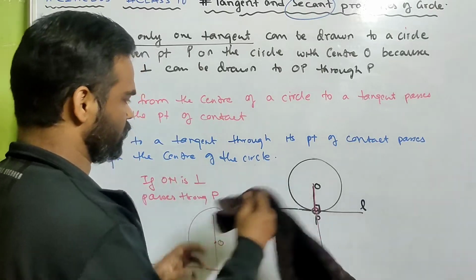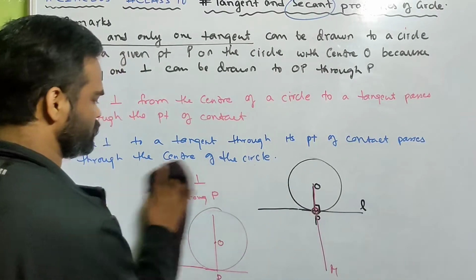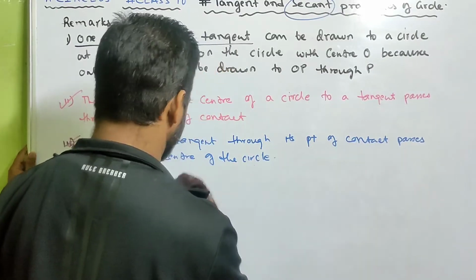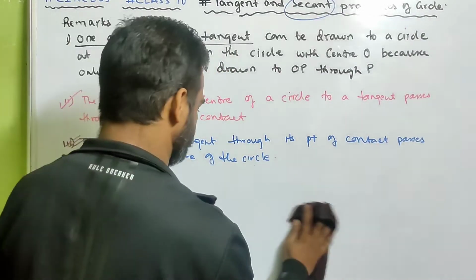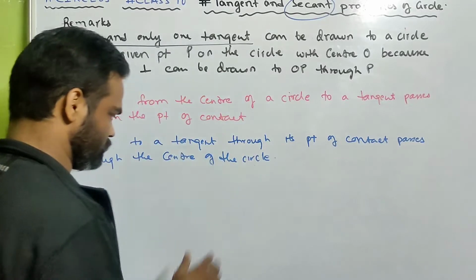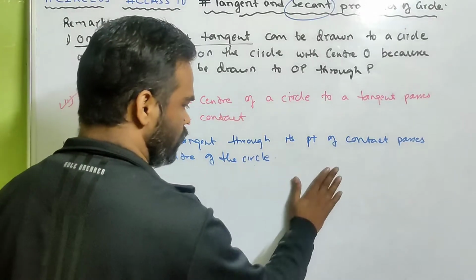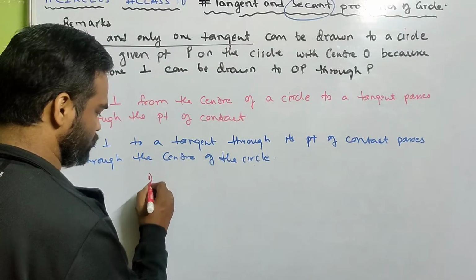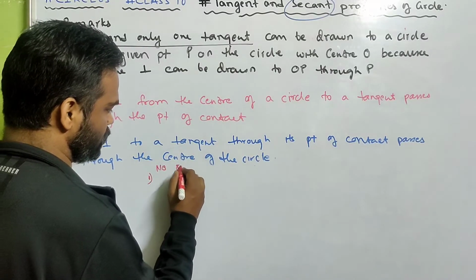Now, one thing, how many tangents you can draw, let us see. I'll take 3 cases. How many tangents can you draw to a circle? First, number of tangents, okay?